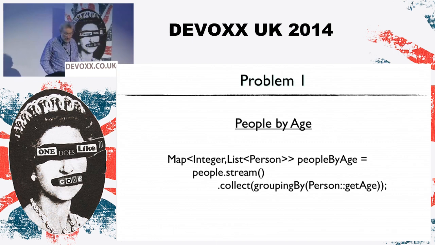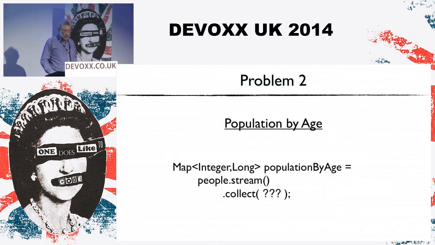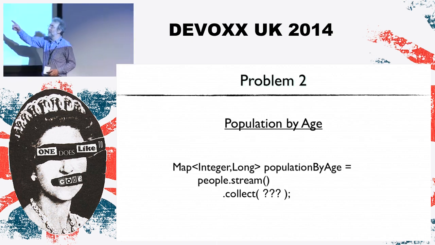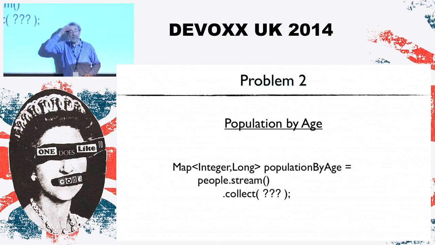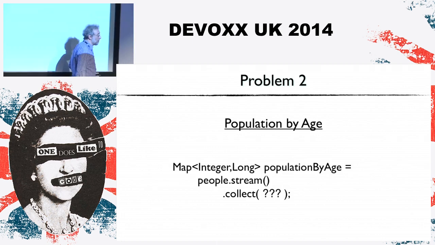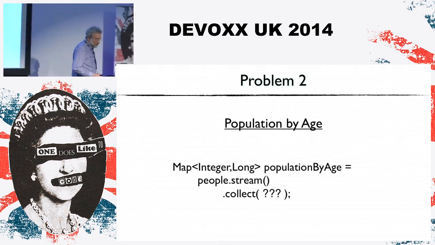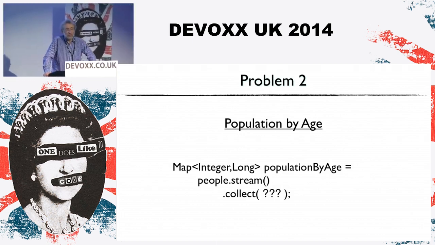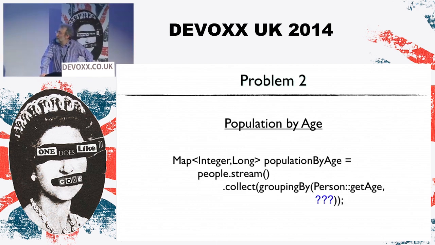Okay, right, so that was too easy. Okay, population by age then. Right, so what I want to know now is for each age how many people there are in that age. So, grouping by age.